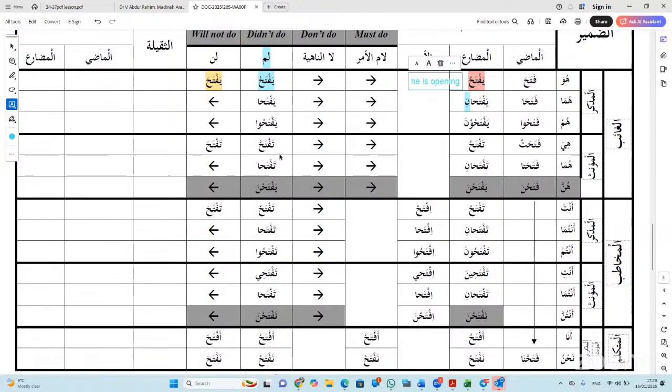Lam taftaha, you both female did not open. Lam taftahna, you all female did not open. Lam aftah, I did not open. And lam naftah, we did not open. Excellent. Is it clear for you now?